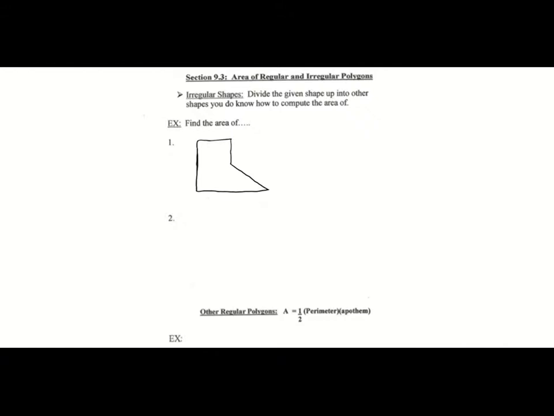If we are given these dimensions, we know that this right here is 8 inches, 3 inches, 5 inches, and 4 inches. And we want to find the area of this whole shape.